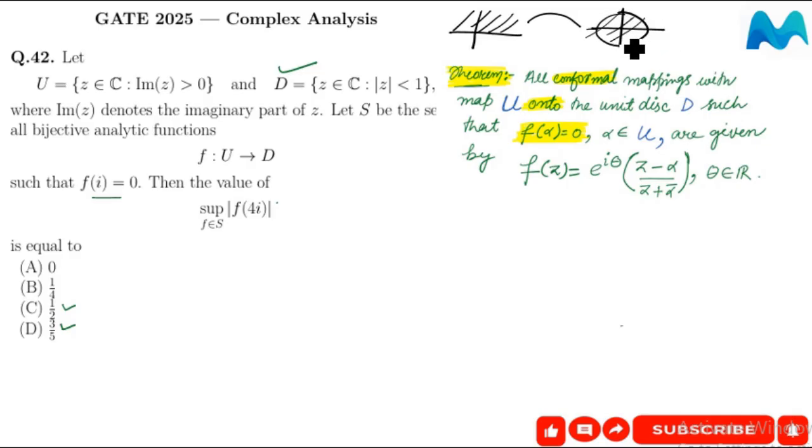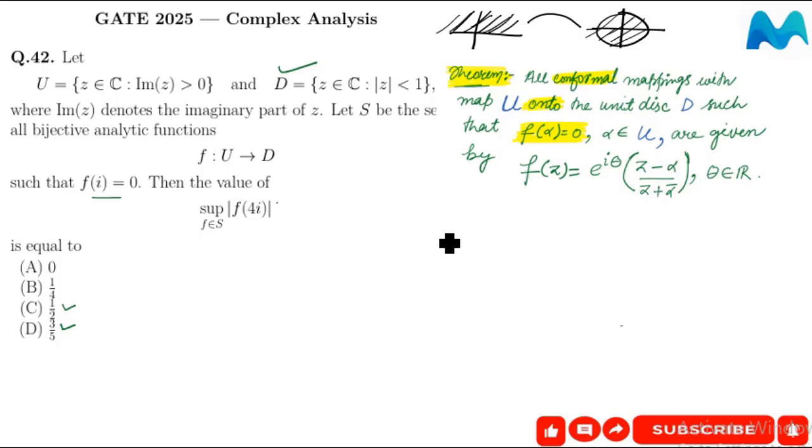So the upper half plane maps onto the unit disk such that f of alpha equals 0, where alpha belongs to U, and is given by f of z equal to e^(i theta) times (z minus alpha) over (z plus conjugate of alpha).